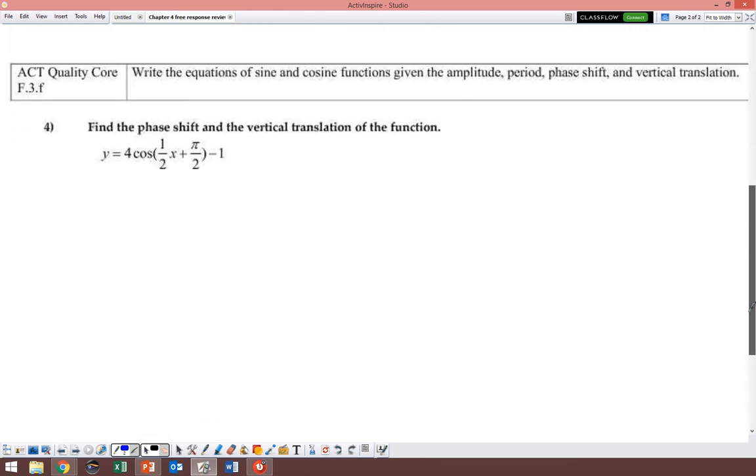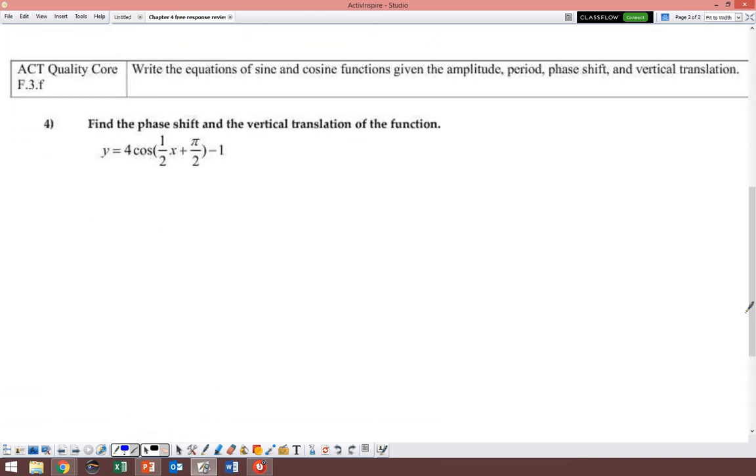All right. So, find the phase shift and vertical translation of the function. Now, first, what's my phase shift? What do I have to do? Pi over 2.